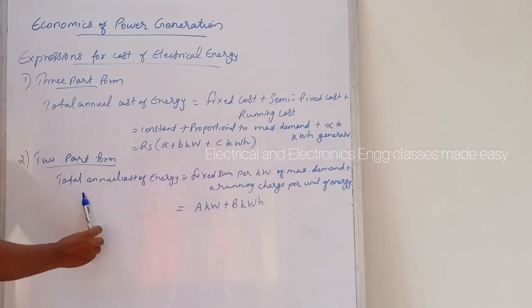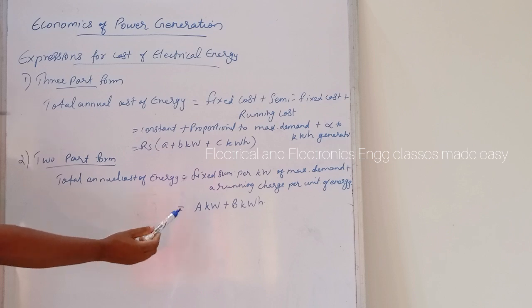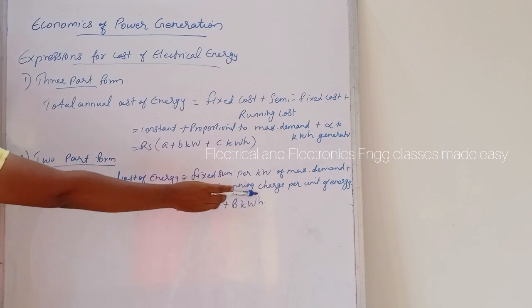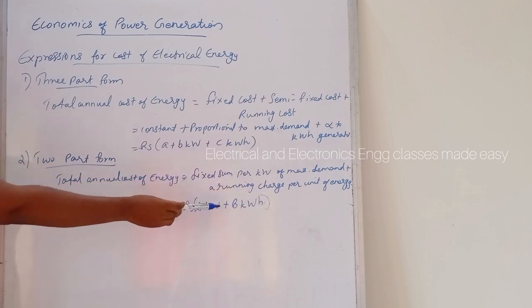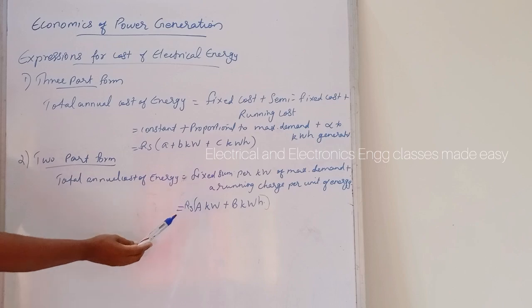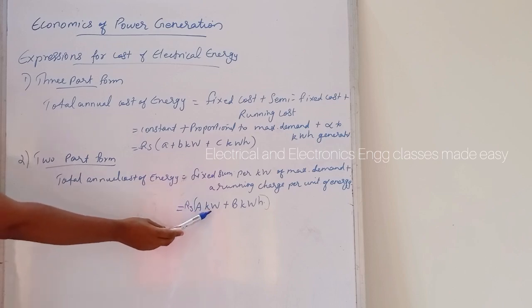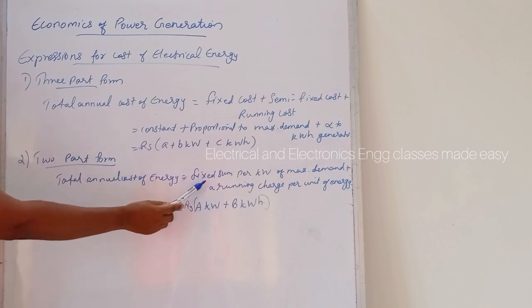That is, total annual cost of energy can be expressed as rupees A into kilowatt plus B into kilowatt hour, where A is the constant which when multiplied by the maximum kilowatt demand on the station gives the annual cost of the first part.